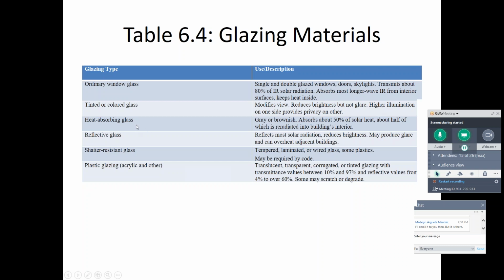Or we could have a heat absorbing glass, which is gray or brown. So that's where you're asking, are there different materials added to the glass to do this? Yes, but they're all a type of glass that makes up the glass portion of a window, and that's the glazing. Okay, so glazing is just glass that you use as a window. Yes. In a window. Yes. Okay, I'm good with that.